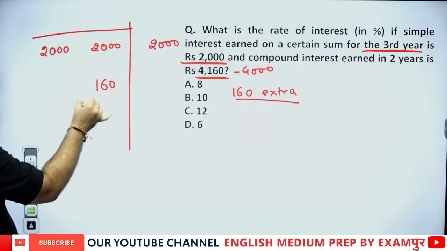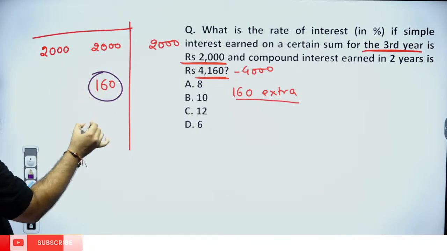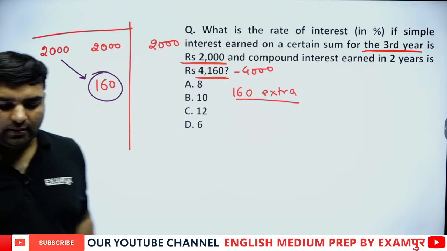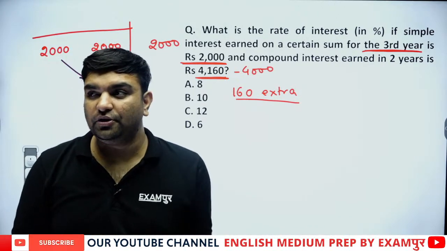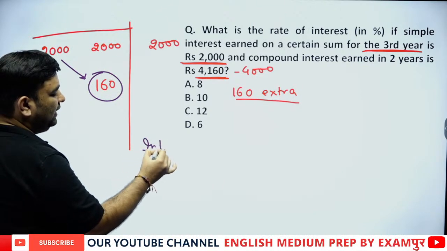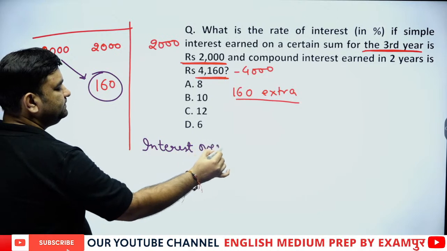This 160 extra is the interest over previous year interest. You can write it. This is the definition of compound interest. You might have read in the books, interest over interest.